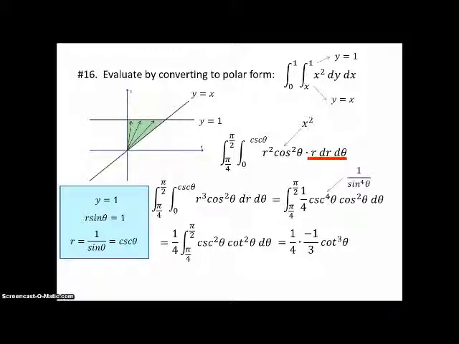So all I need is a negative, and the cosecant squared goes away, and I've got 1/3 cotangent cubed theta. And of course I keep the 1/4 in the front, and I keep my limits of integration, and then I just plug those in, and I get negative 1/12 times the cotangent at pi over 2 is 0, so that's 0 cubed, and the cotangent of pi over 4 is 1, so that's 1 cubed, and we end up with 1/12 for our answer.